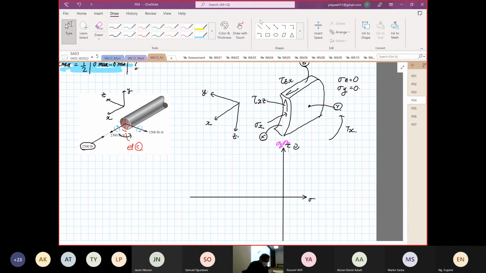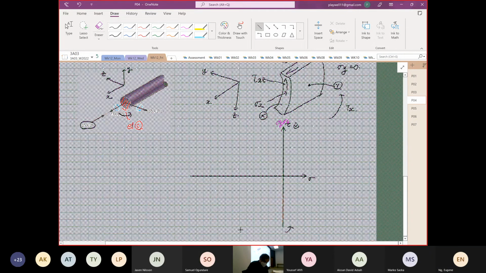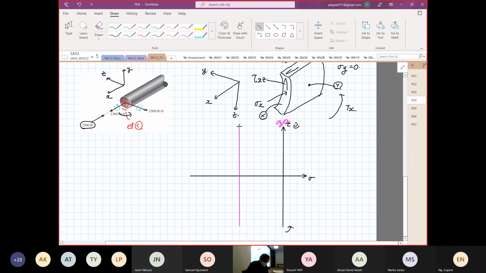Okay. And we know that stress X is in compression. So if we have a shear, okay, so this is, for example, our shear line. Okay. Over here is our shear line. Okay, that's our shear line.